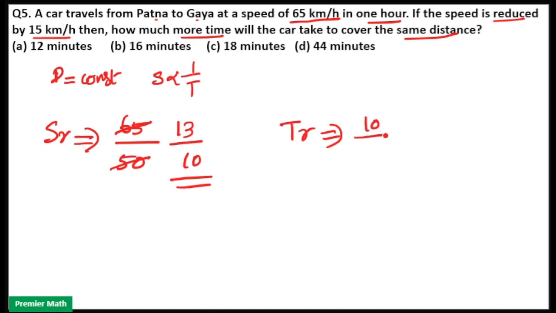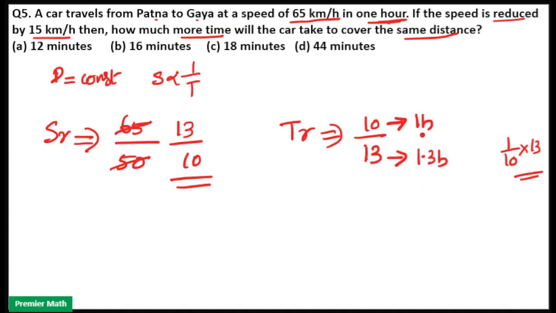So 10 by 13. From Patna to Gaya, he will travel at 65 km per hour in 1 hour. So this 10 part is equal to 1 hour. That means 13 part will become 1.3 hour. That is 1 by 10 into 13 is equal to 1.3 hour.